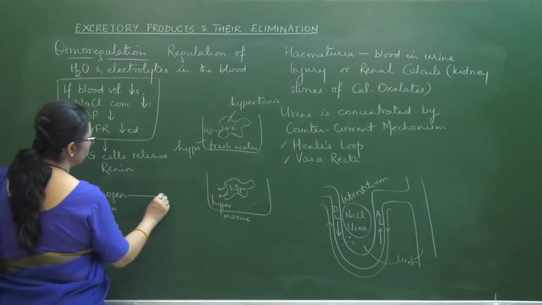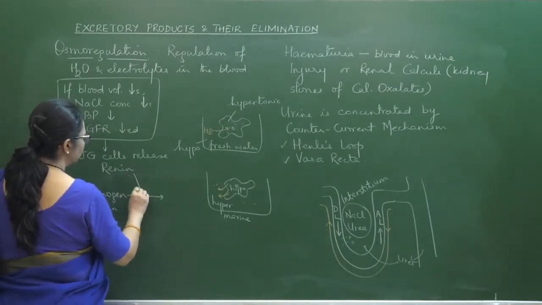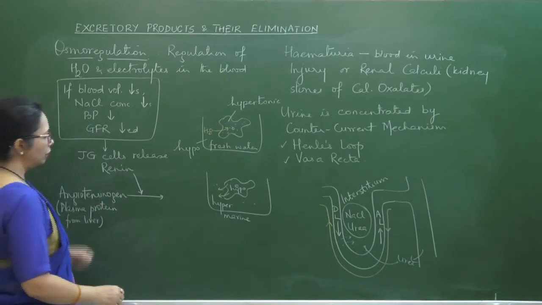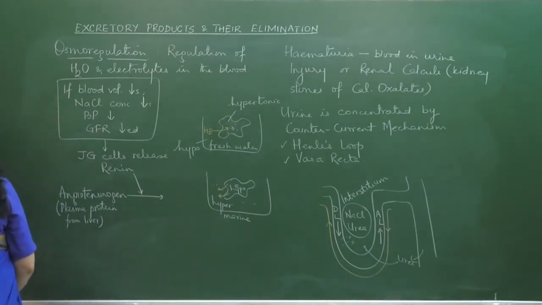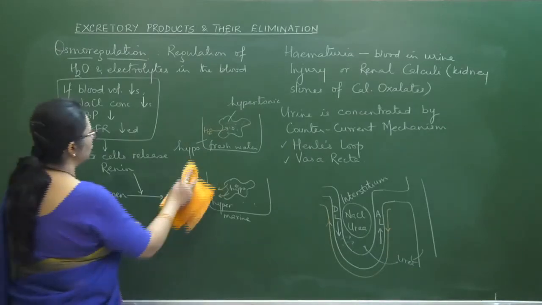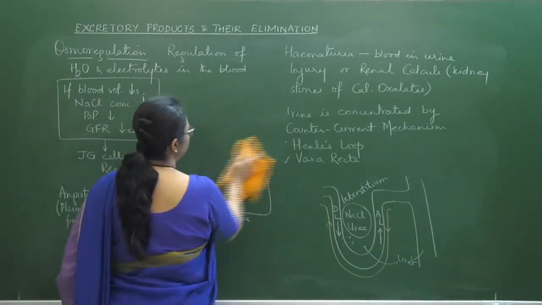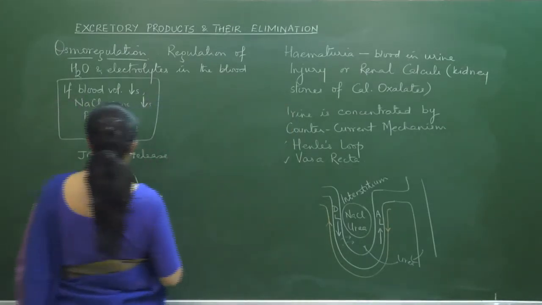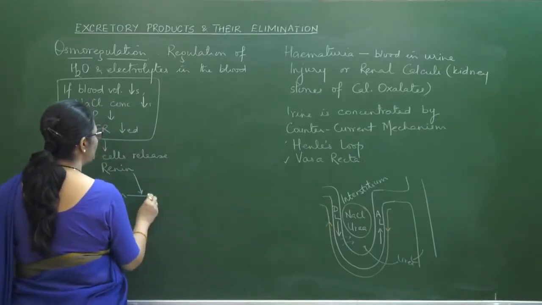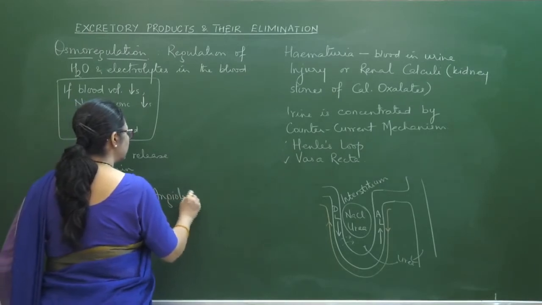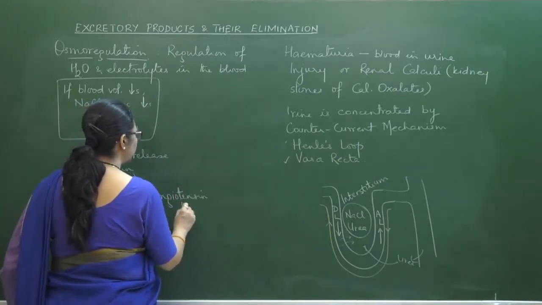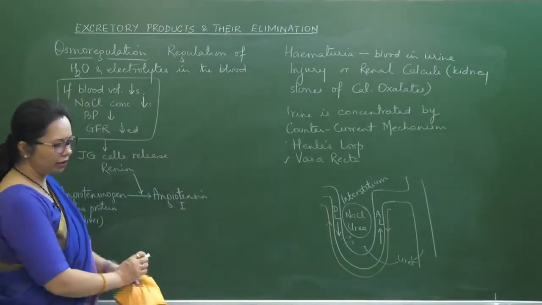Now this protein is acted on by renin, so that it converts into, just like in enzymes you had seen, pepsinogen to pepsin, so on. So that's how it converts to angiotensin, but it is angiotensin 1 as yet.